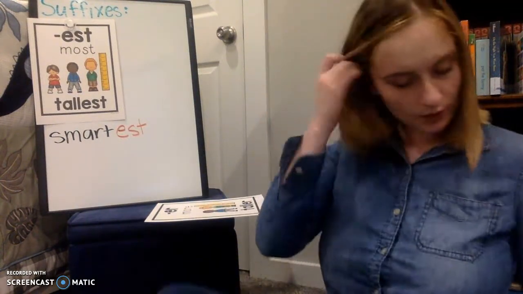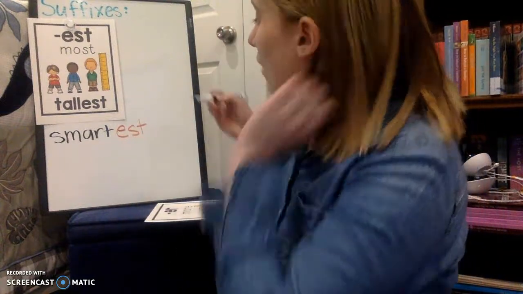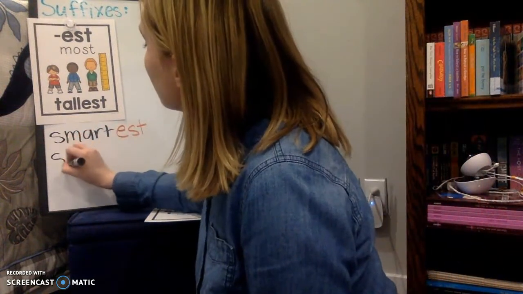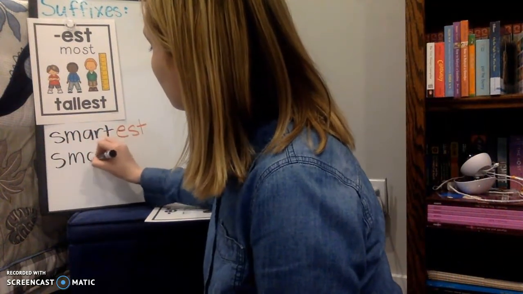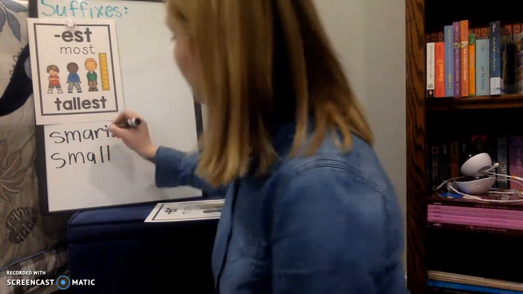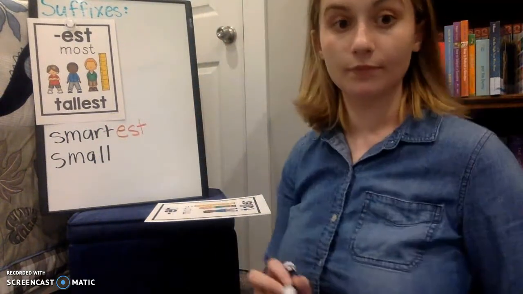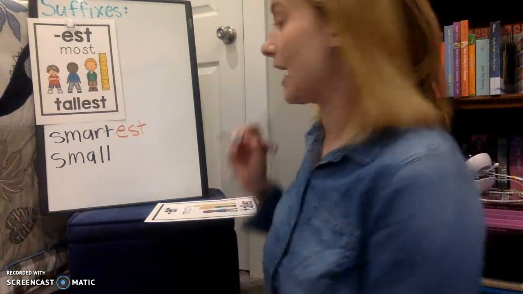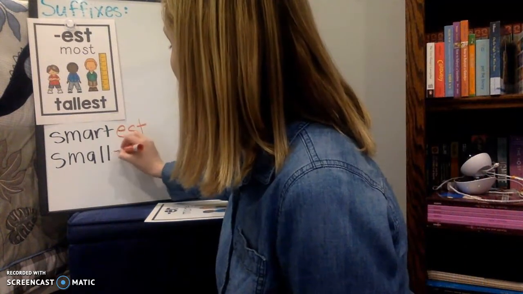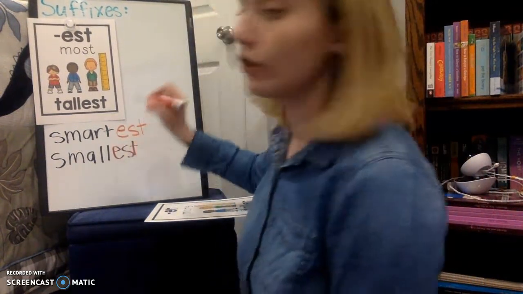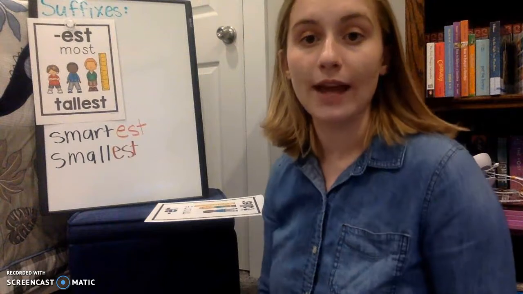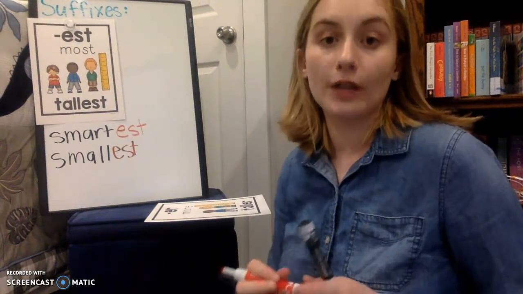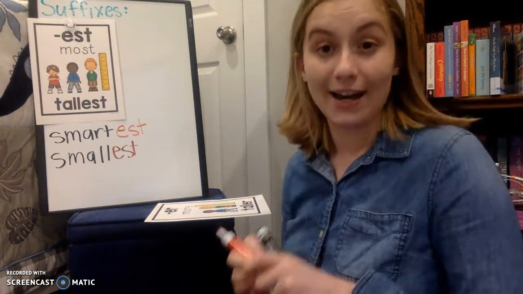Let's try another one. Okay, how about small? Oops. There we go. Small. Now let's add my suffix, est. And notice, I'm writing suffixes in red because I really want you guys to remember that's something you add on to a word.